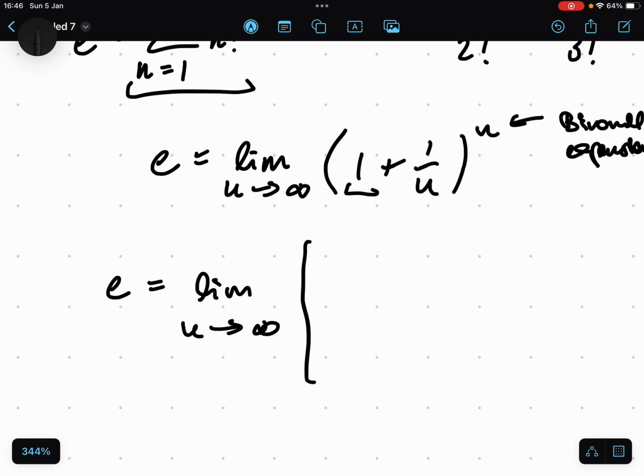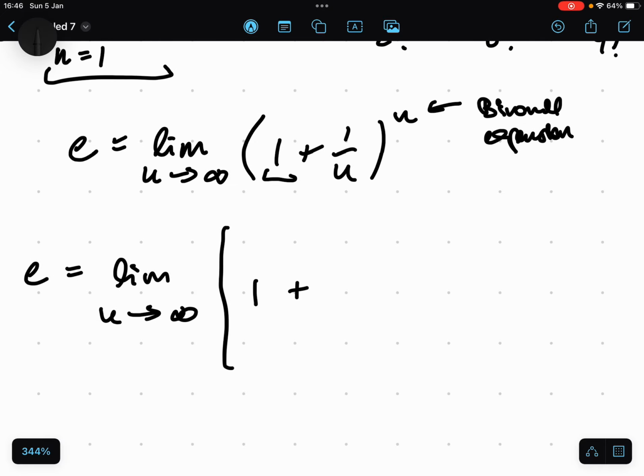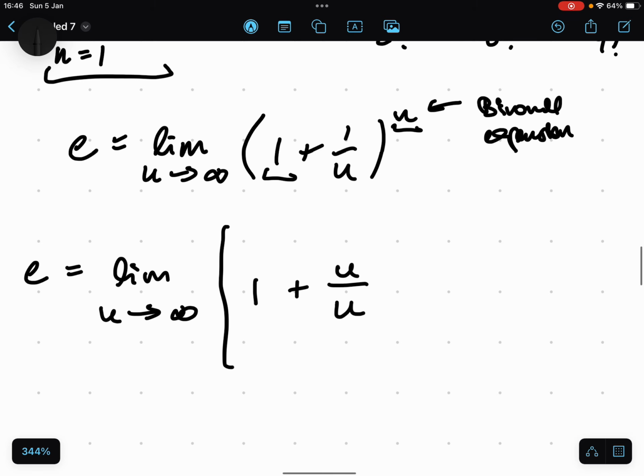The first term is going to be 1, because that's what it always is. And then the next term is going to be u times 1 over u. That's a binomial expansion. And then we're going to keep going.